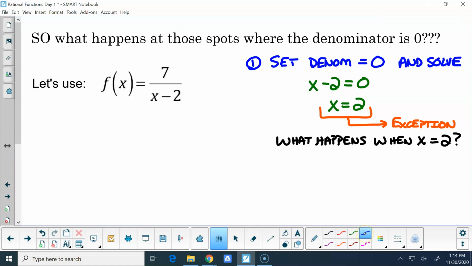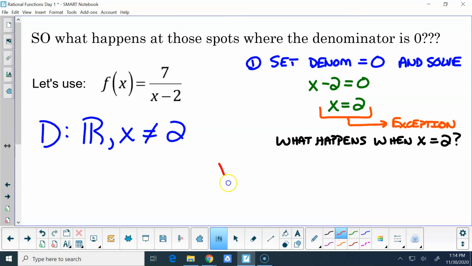So if we were doing domain here, we would have the domain would be all real numbers, but x cannot equal 2. Okay, so that's our domain. But at x equals 2, we get something called a vertical asymptote.